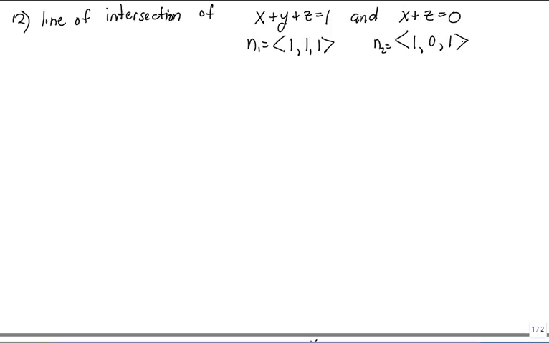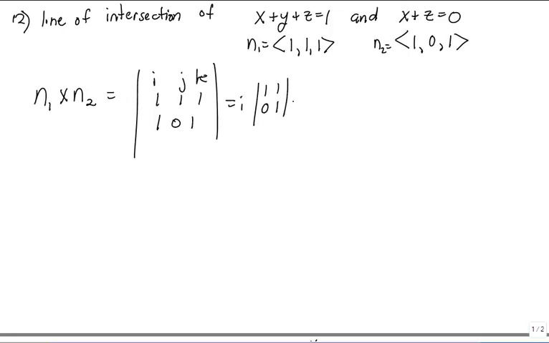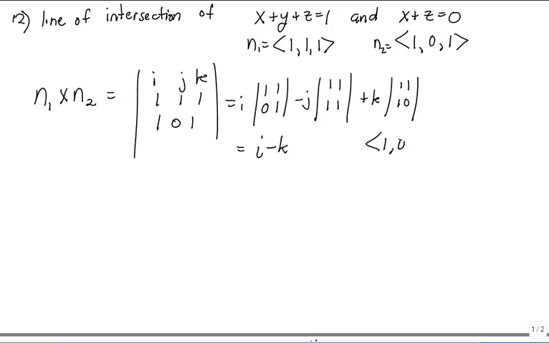And if I want to get the line orthogonal to that, that'll lie in the plane, so n1 cross n2. And that's going to be the direction vector.